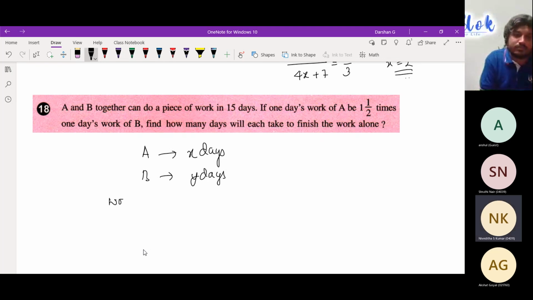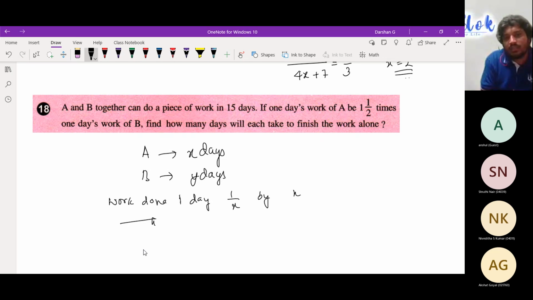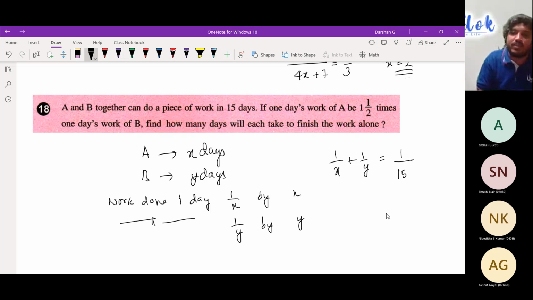Work done in 1 day by A is 1 by x, and similarly by B is 1 by y. So it is 1 by x plus 1 by y, which will be equal to 1 by 15. This is important.